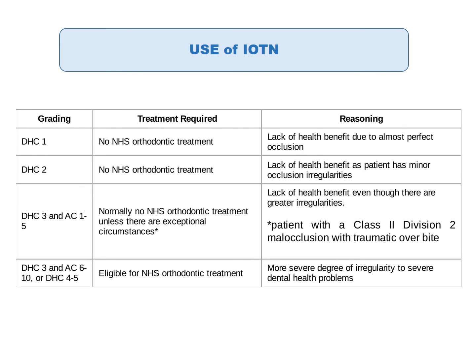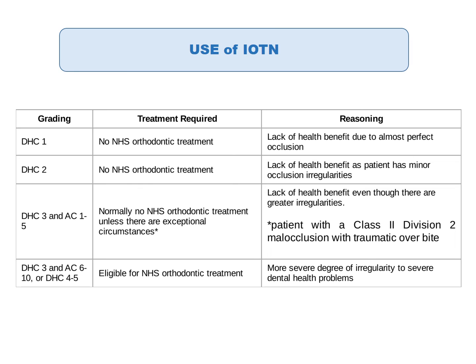If the DHC grading is 1, then no treatment is provided under the National Health Service, the reasoning being lack of health benefit due to almost perfect occlusion. Similarly, if the grading is DHC 2, again there is no orthodontic treatment provided under the National Health Service, again due to the lack of health benefit as the occlusal irregularity is minor.